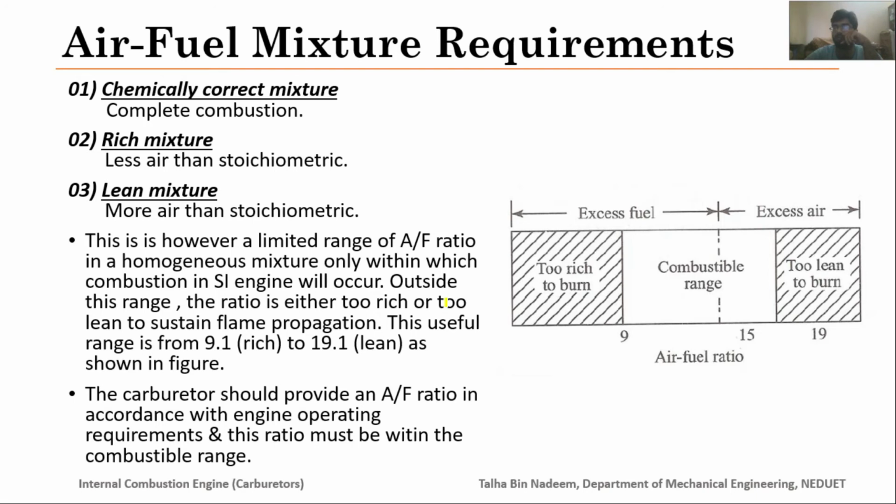For example, if a single fuel molecule requires 10 molecules of oxygen and you have provided that, it is chemically correct. But if you have provided 8 molecules of oxygen, then it will be called a rich mixture. And if you have provided 12 molecules of air, it will be called a lean mixture, since you have provided a large amount of air.